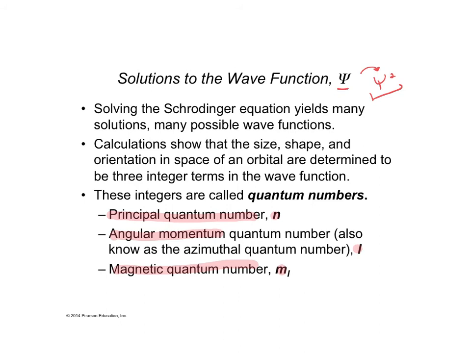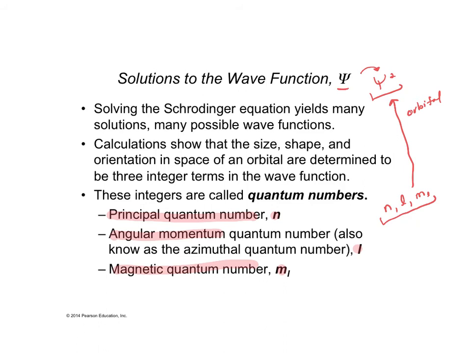It's going to be these combinations of N, the principal quantum number, L, the angular momentum quantum number, and M sub L, so this is an M with a subscript L. These are going to characterize each individual orbital that we're talking about, each individual probability distribution of finding the electron in a given region of space.